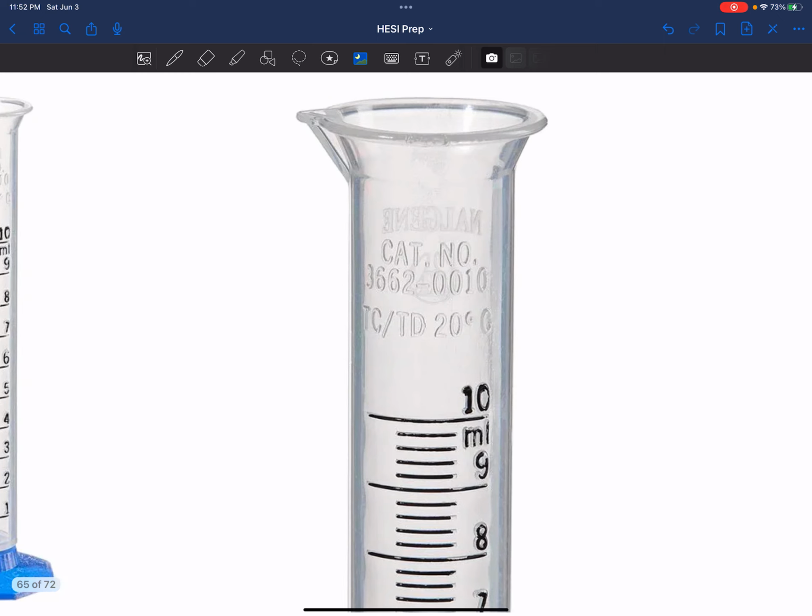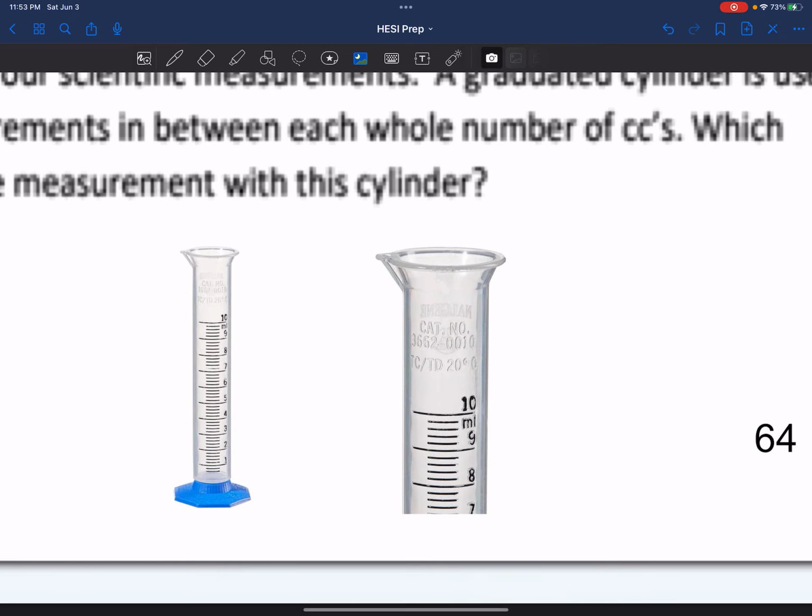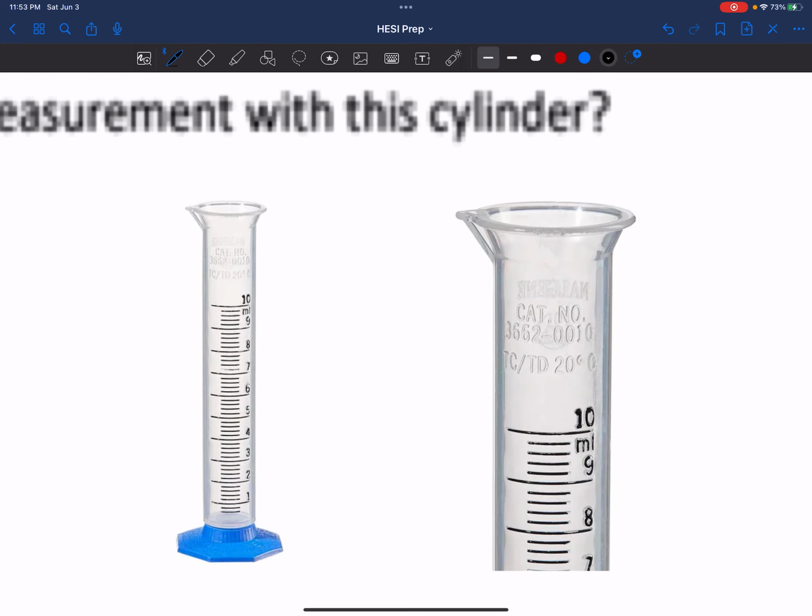And here's an even closer version of that. So within this 10 milliliter range, you have smaller increments in there. What this is saying to us is that this is measured in tenths.